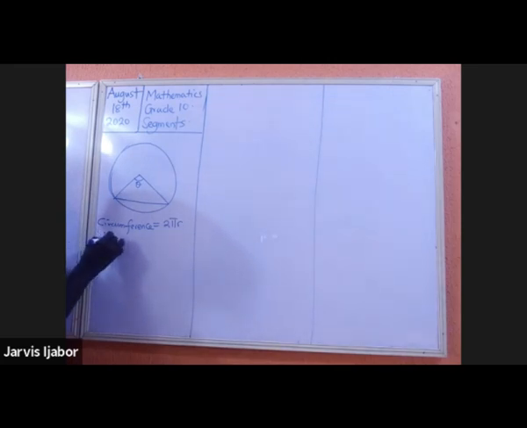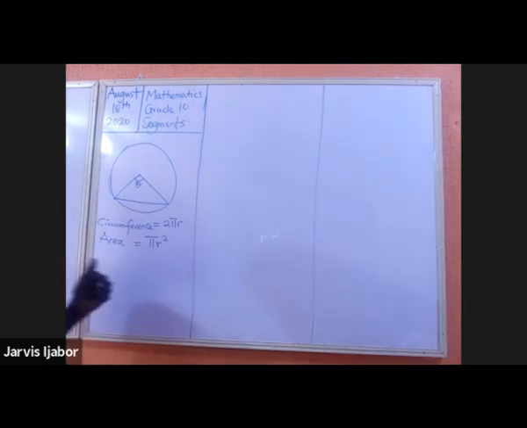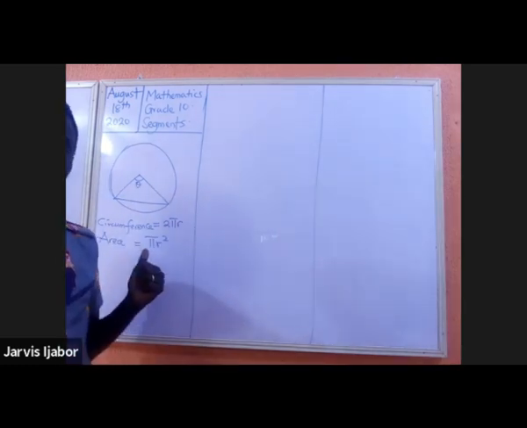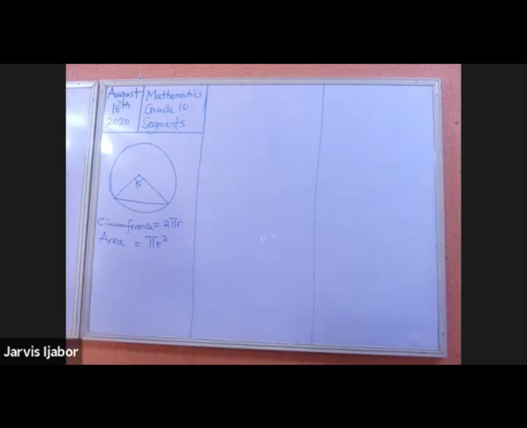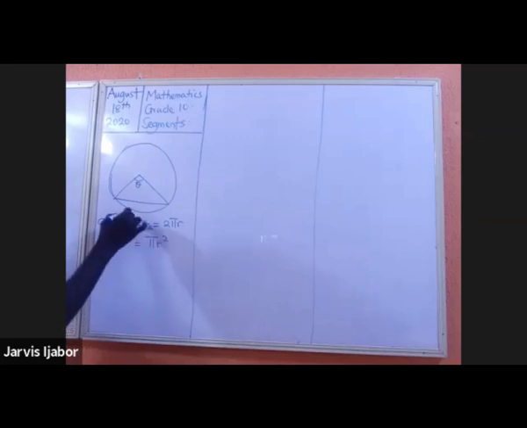Area is equal to pi r squared. You may want to take note of this because I'm going to be very fast in doing a callback. These are for the circle.